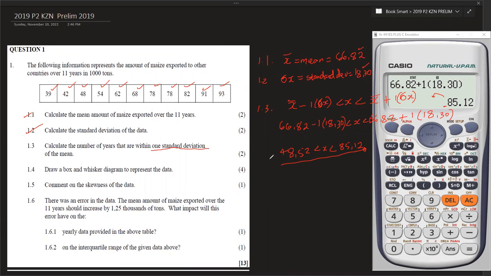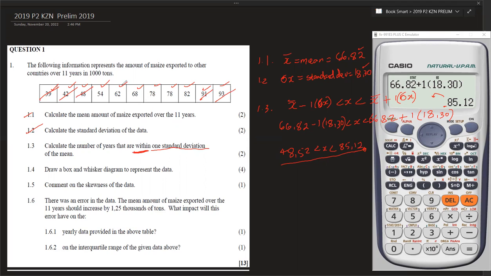Now since we have the interval, we can easily see the ones that fall within. Within is inside, between these two numbers here. Sometimes they'll say outside. If they say outside, you look for the ones that do not fall within this interval. Does it make sense? So this is out, this is out, this is out. Let's come from this side. This is out, that's out.